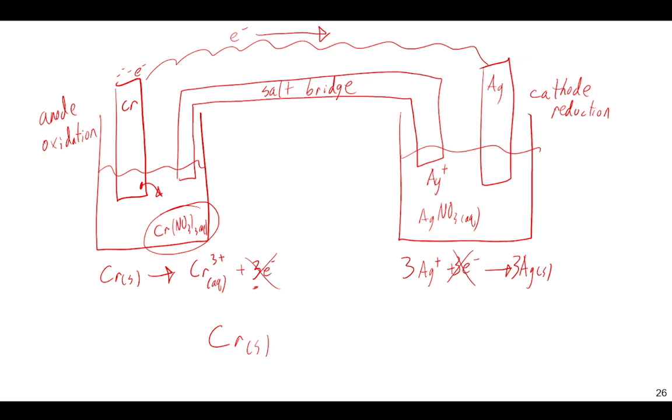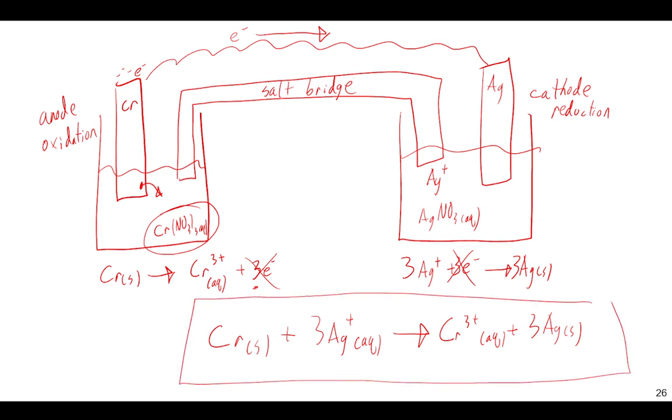When we do that, we will have the balanced redox reaction shown here. This is my overall cell reaction, which is built from the two half reactions. There we go. Chromium solid plus 3 Ag plus goes to chromium 3 plus and 3 Ag solids.